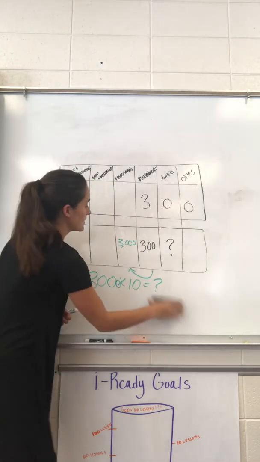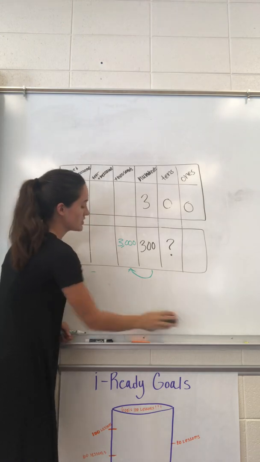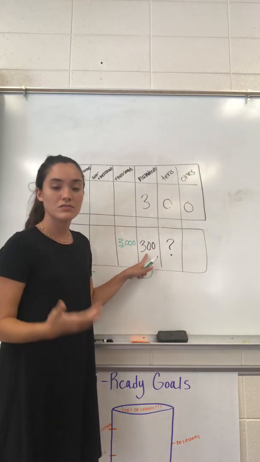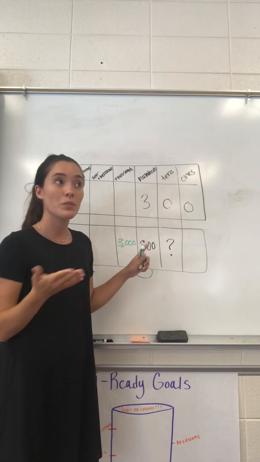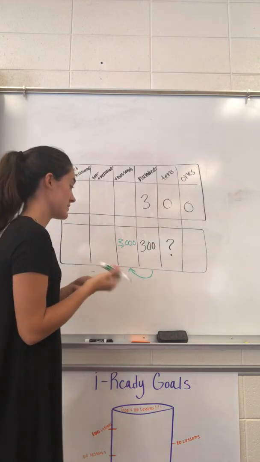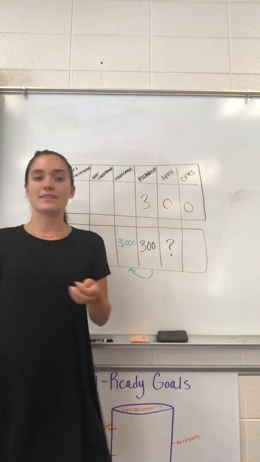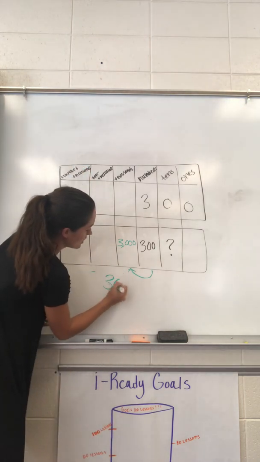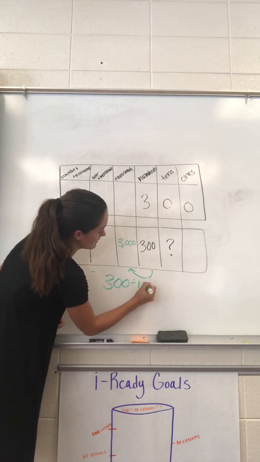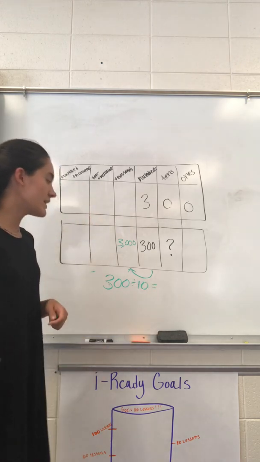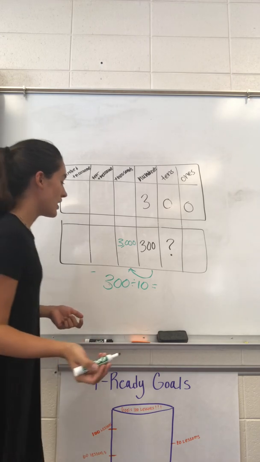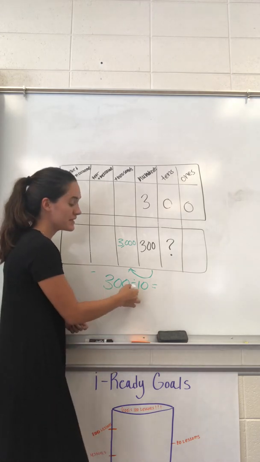We also said when you move to the right, this number gets 10 times smaller, or 1/10 smaller. And I also said that was like dividing by 10. So what we can do is 300 divided by 10. Just like in the multiplication, I added a 0 to 300, but now we're making it smaller.